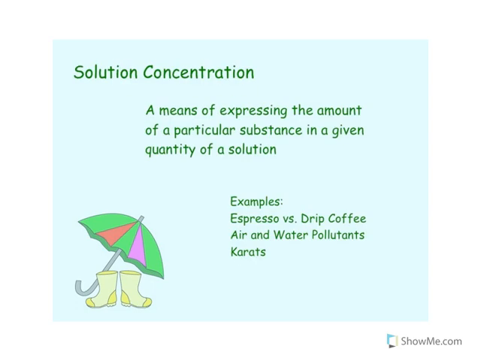You've actually probably already encountered solution concentration in your everyday life and haven't really noticed it. Solution concentration is a means of expressing the amount of a particular substance in a given quantity of solution. So you actually have a number with it. Some examples: we have espresso versus drip coffee. Although the main ingredients in espresso and coffee are the same, the two beverages have several differences.